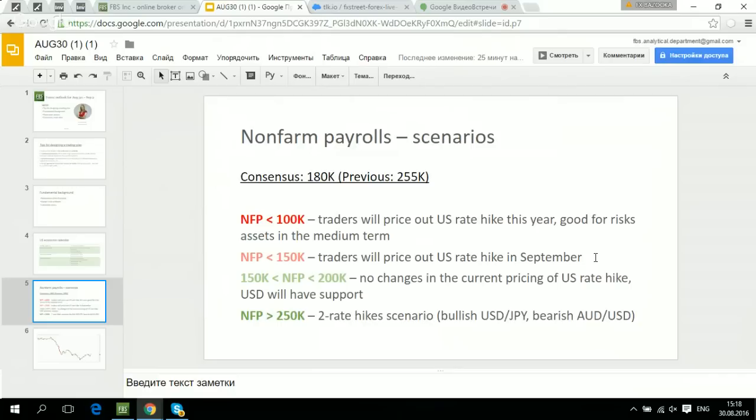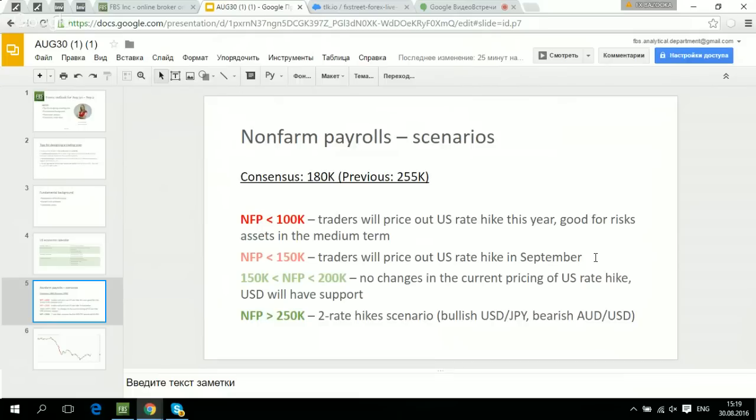We know that there are expectations of more than 30% chance that the US Federal Reserve will increase interest rates in September, and about 60% of the expectations that in December there will be a rate hike. So it will remain like that. The US dollar will have its support, but there won't be any new market moving forces which affect the US dollar and other currencies.